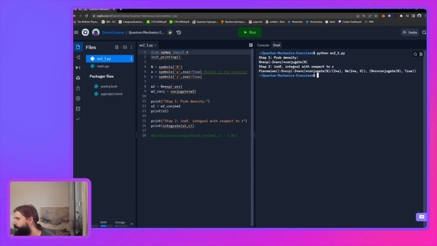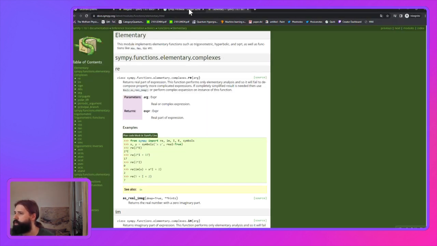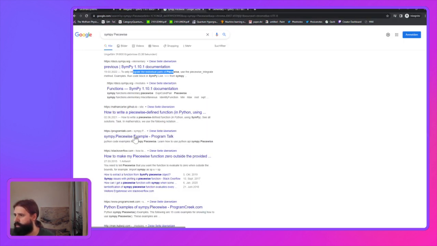Because this is what we have. Okay, yeah, that's one, and then that's something else, and I don't know what true means. What is piecewise? Sympy piecewise.